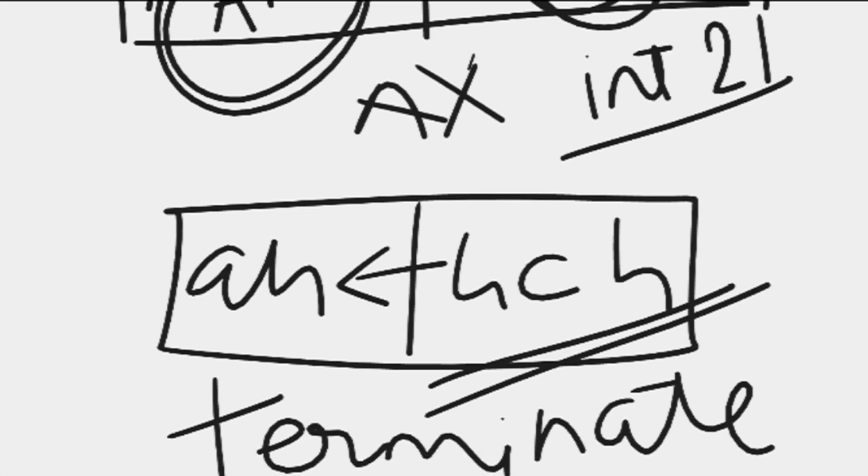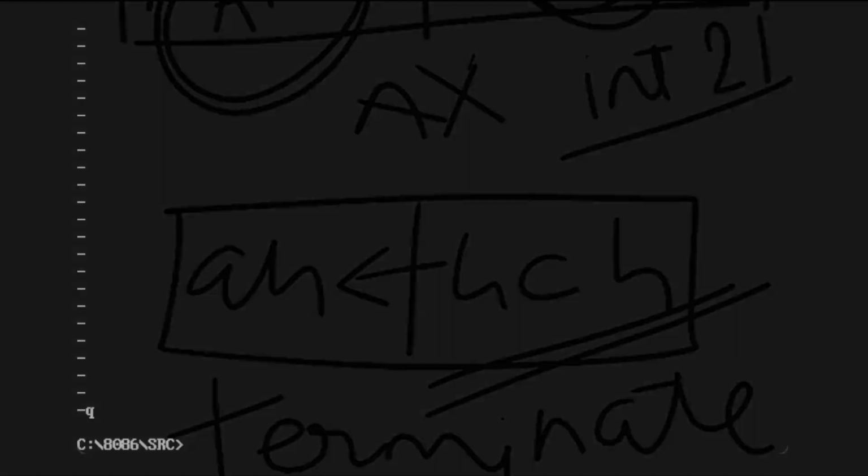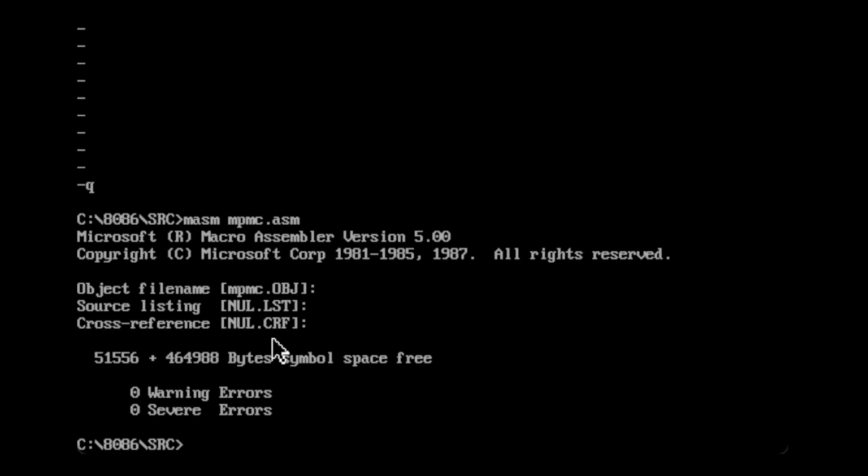Now let us see how to execute our program. So I have my DOS shell open. First we have to compile it. So MSM, I've named it MPMC.asm. You can see we got 0 warnings and 0 errors. Next we have to link it, mpmc.obj.